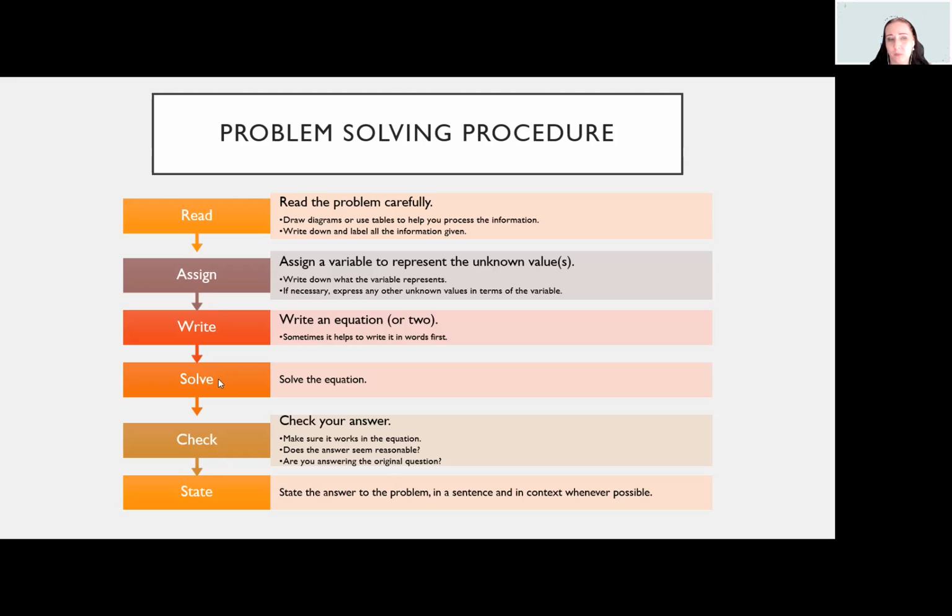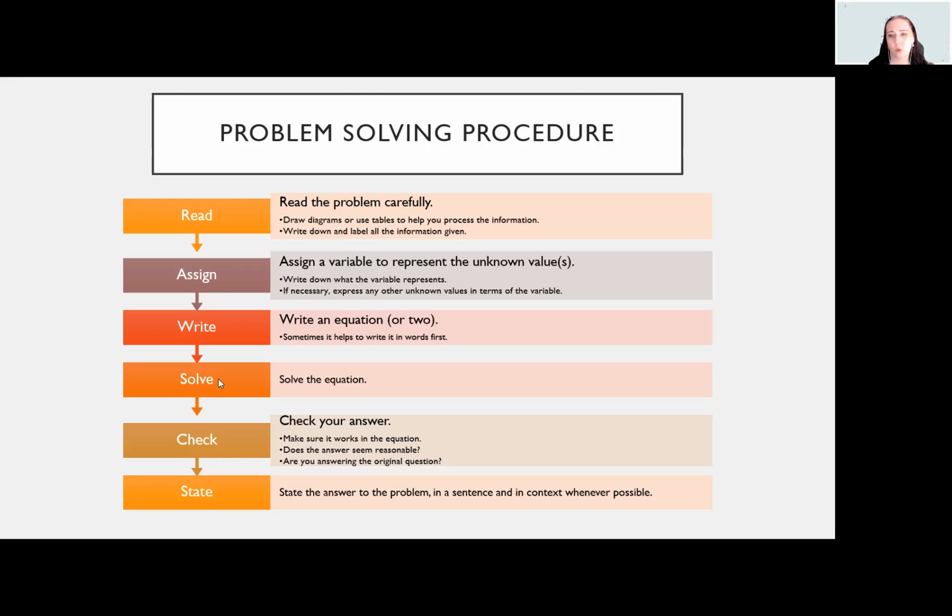The answer worked in their equation, but getting a negative for an amount doesn't make any sense. You may get an answer that works in your equation, but if the answer doesn't make sense, then that tells you your setup was wrong. That student had the equation incorrect, and that's why they got an answer that didn't make sense.